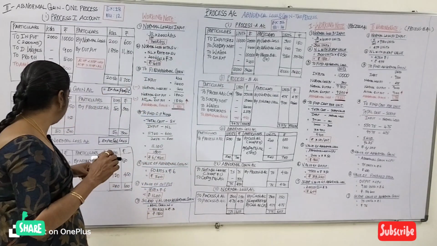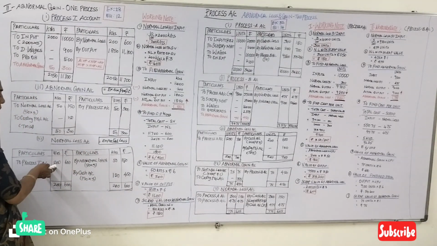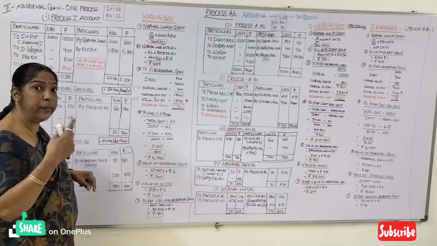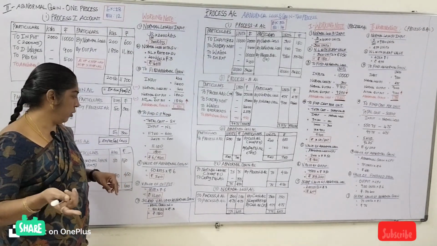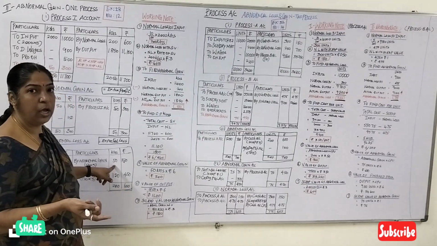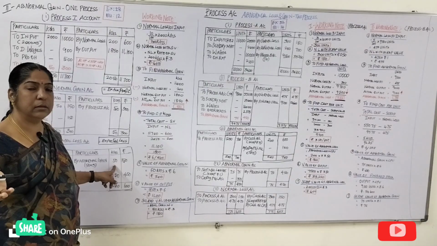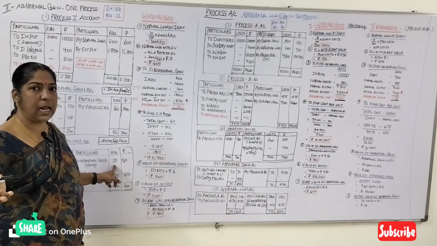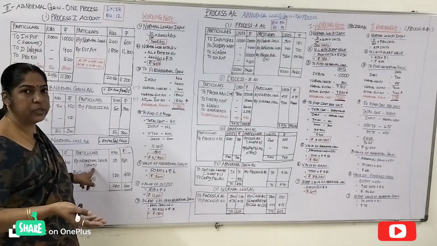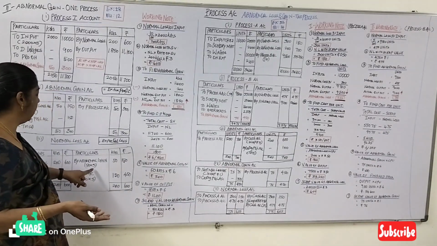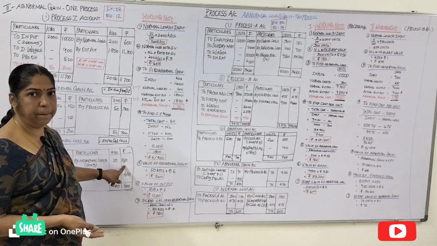So from that 200 kgs normal loss, you are getting 50 kgs abnormal gain, extra profit. From that 50 kgs, you recovered through selling at scrap value, 50 kgs into 3 rupees, you got 150 rupees, right?